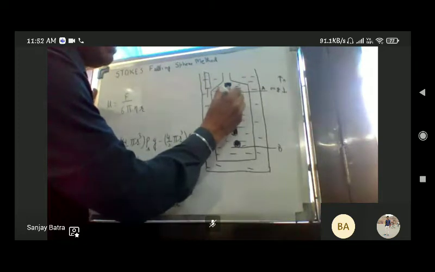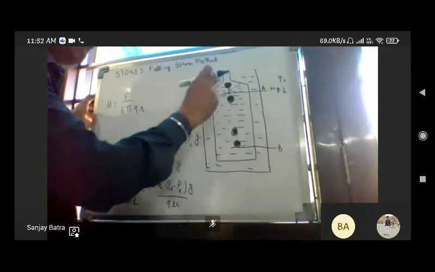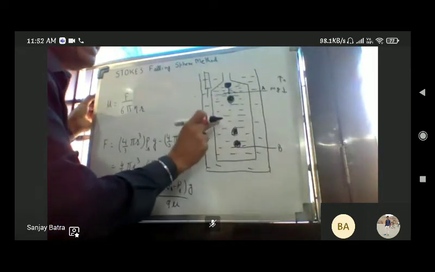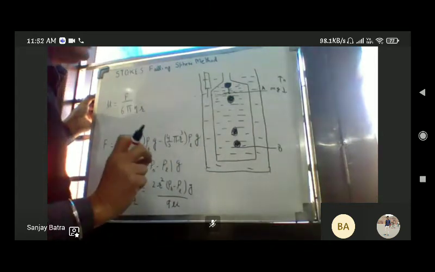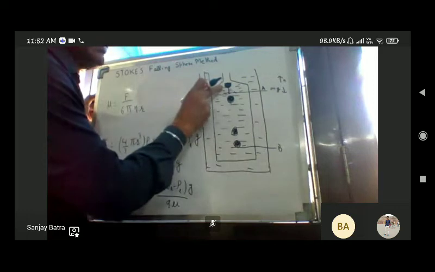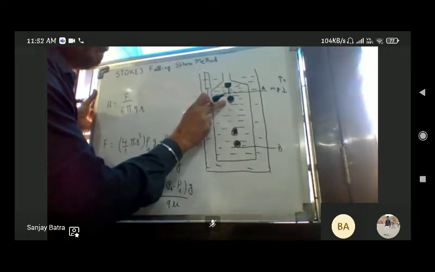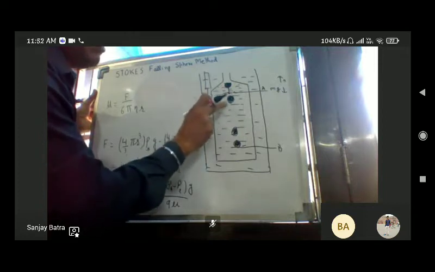What we are doing, again I'm repeating it: it's a spherical ball which is inserted in a long cylinder containing a liquid whose viscosity we want to determine. There are two forces acting on the ball. One is its weight, by which it will come down. This is a downward force.